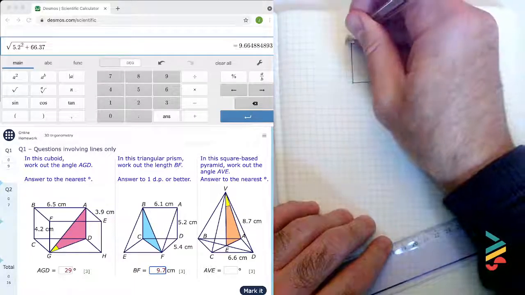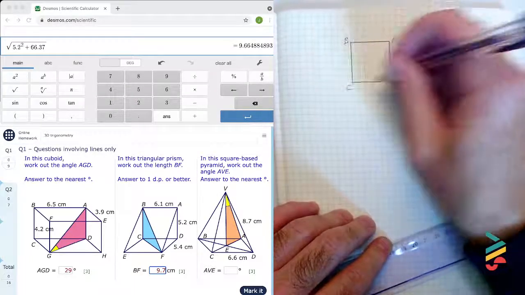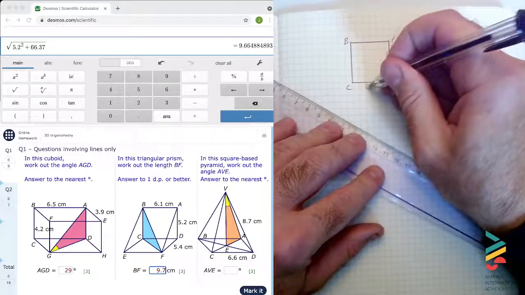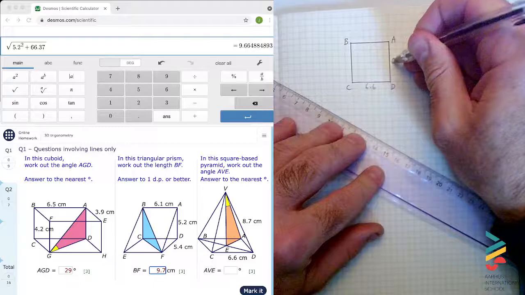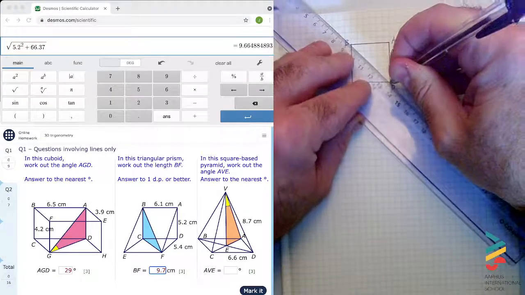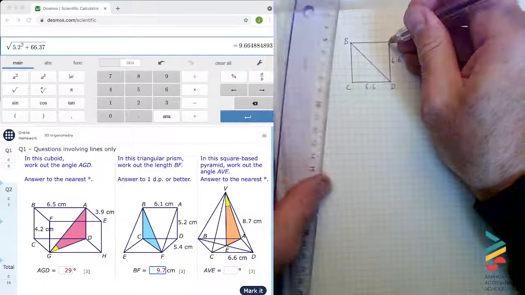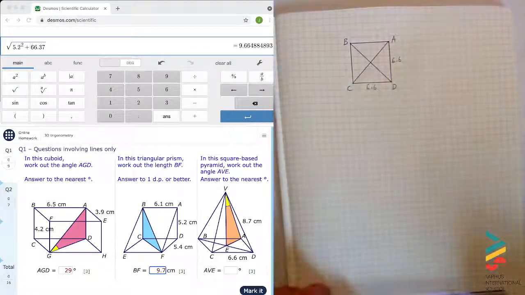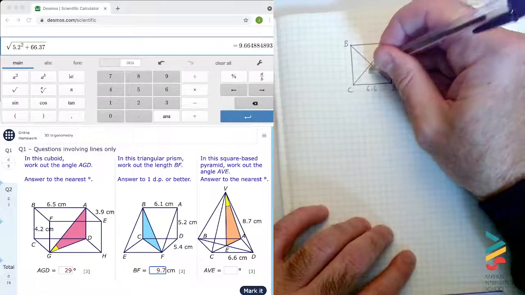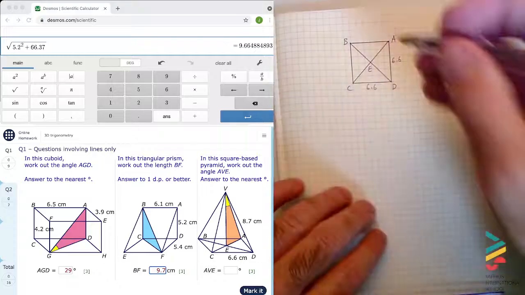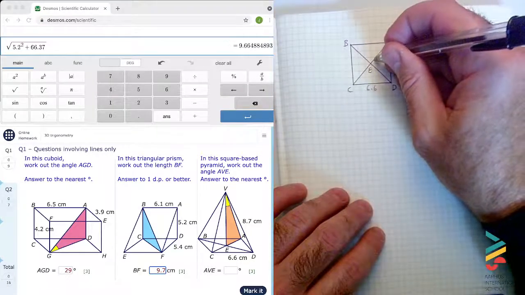So it's A, B, C, D. So it's 6.6 both sides, because we're told that it's a square-based pyramid. And because it's a square-based pyramid, when we make those diagonals meeting at E, they're all going to meet at 90 degrees as well.